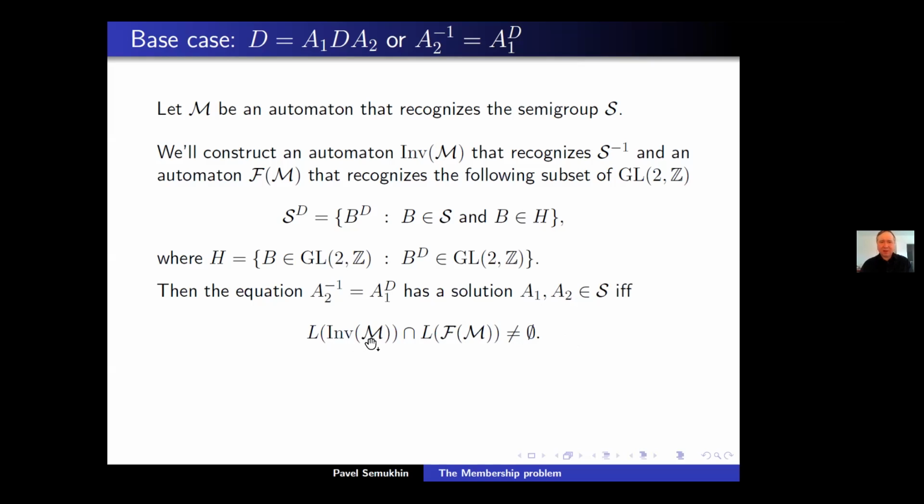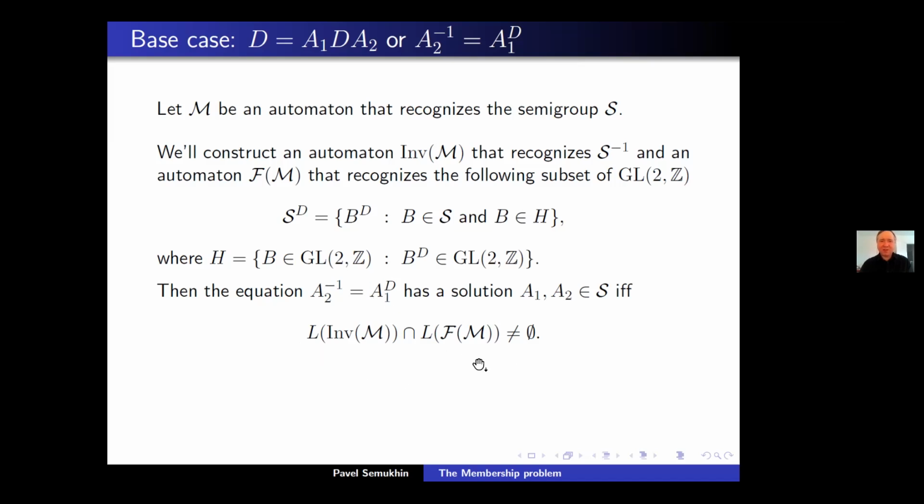Recall that inverse of M recognizes the inverses from S, so it corresponds to the left-hand side of this equation. And this automaton F of M recognizes the conjugates from S, so it corresponds to the right-hand side of this equation.